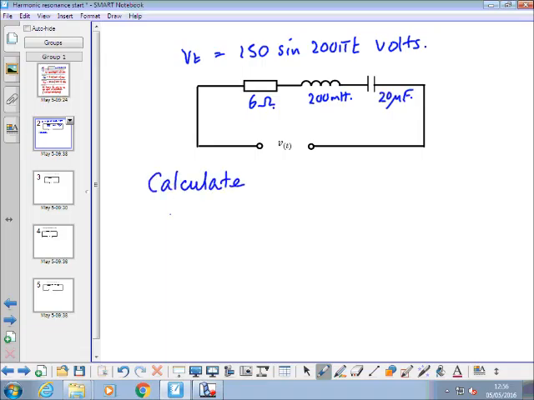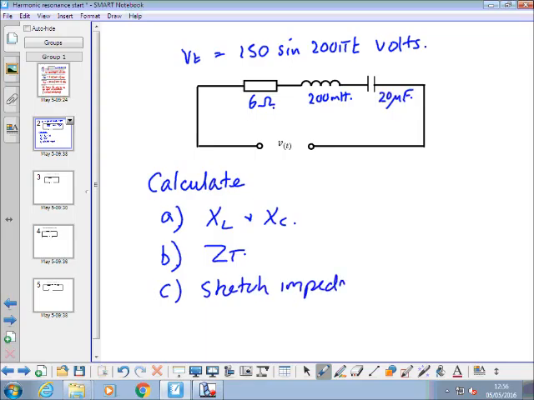Calculate I, in total XL and XC, total impedance ZT, sketch impedance phasor diagram.